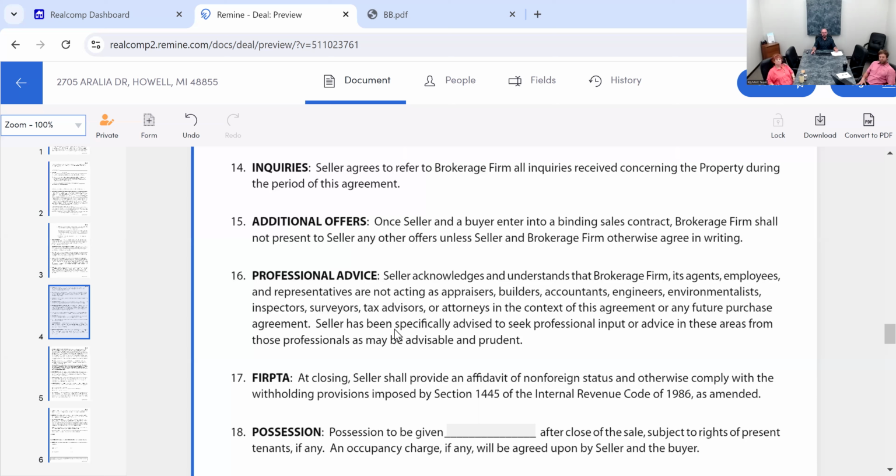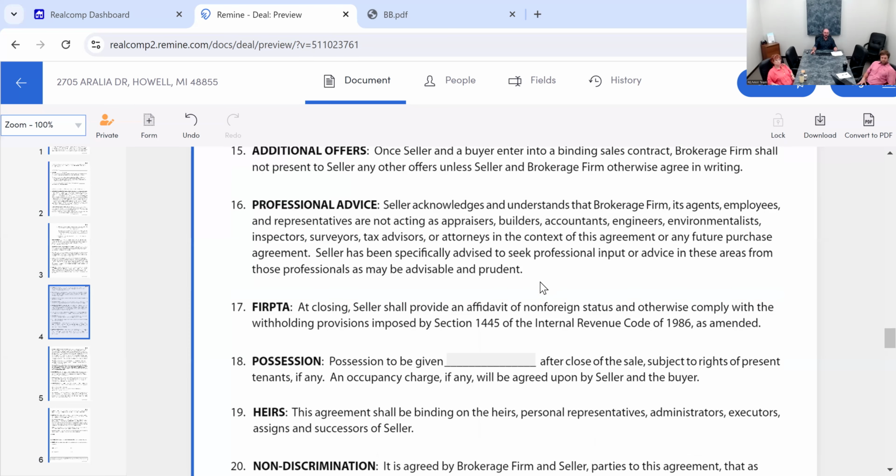So seller has been specifically advised to seek professional input or advice in these areas from those professionals as may be advisable and prudent. That makes total sense. We stay in our lane, and there are other lanes in which other professionals exist. We would prefer to defer to them, and we recommend our clients seek out those people.